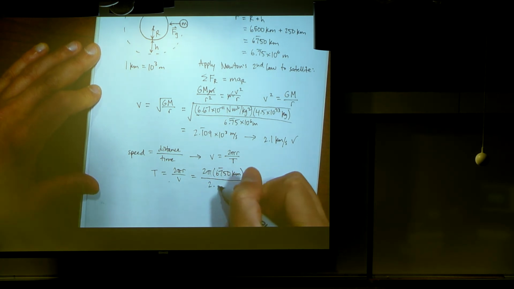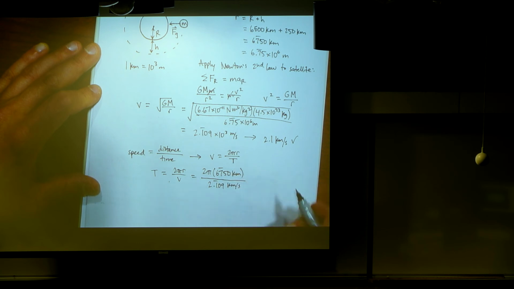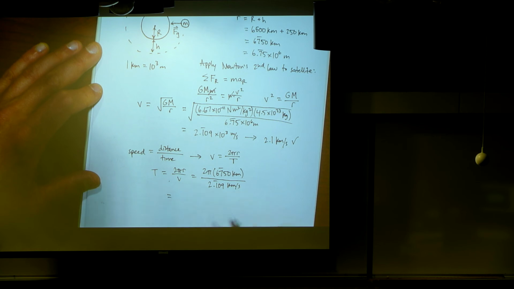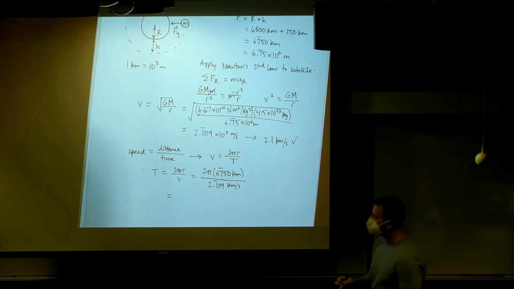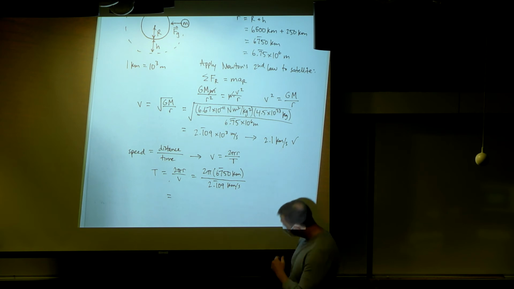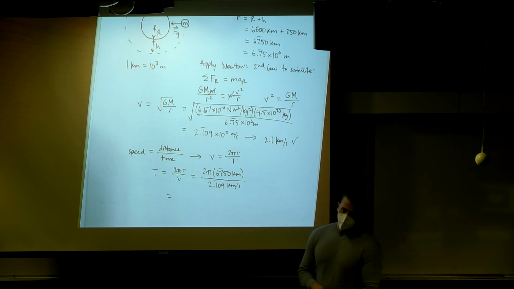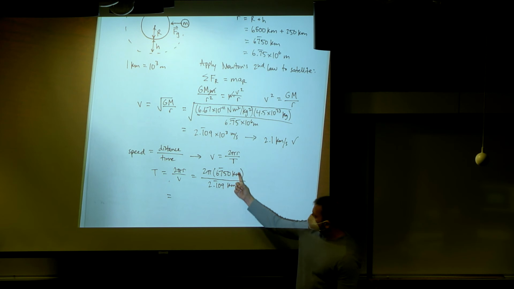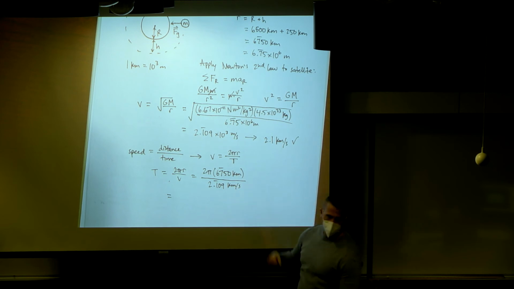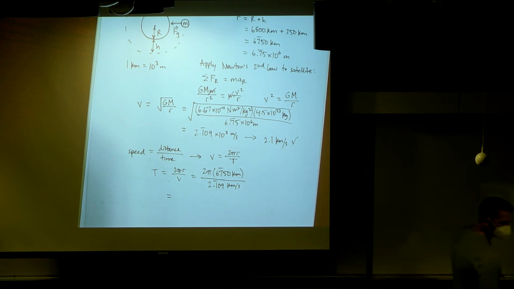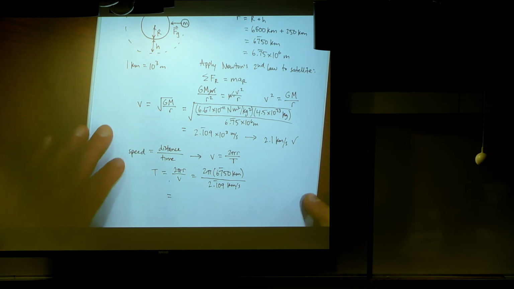That's 2.109 kilometers per second. So if we crunch these numbers, we'll get the orbital period in what unit? What's the unit I'll end up with? Yeah, kilometers cancel, seconds goes to the top. Can someone crunch those numbers and tell me how many seconds?